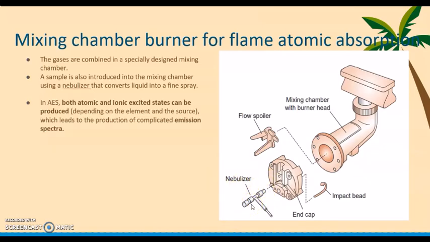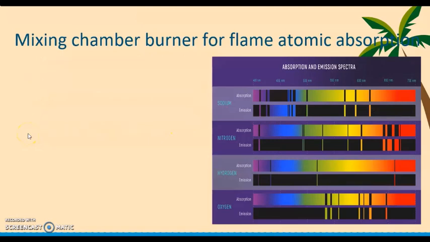Then, you also have to remember that in the atomic emission spectroscopy, both the atomic and ionic excited states can be produced depending on the element and the source. This will lead to the production of a complicated emission spectra. Thus, once it has produced a spectra, these are our lines, or our fine lines.